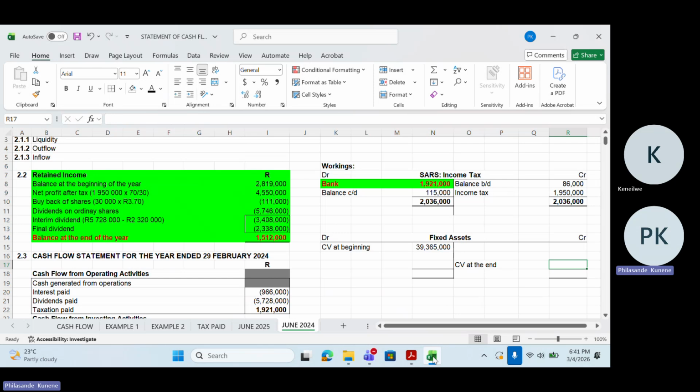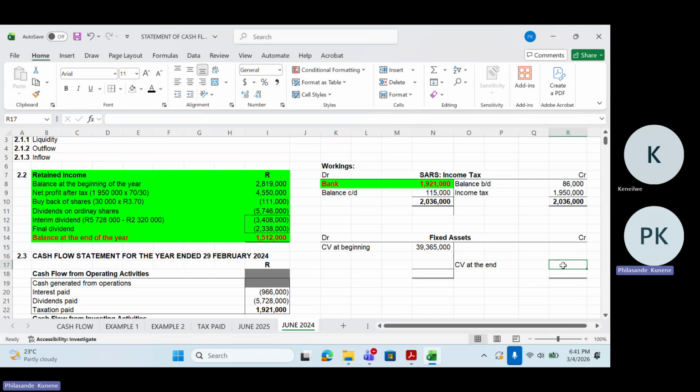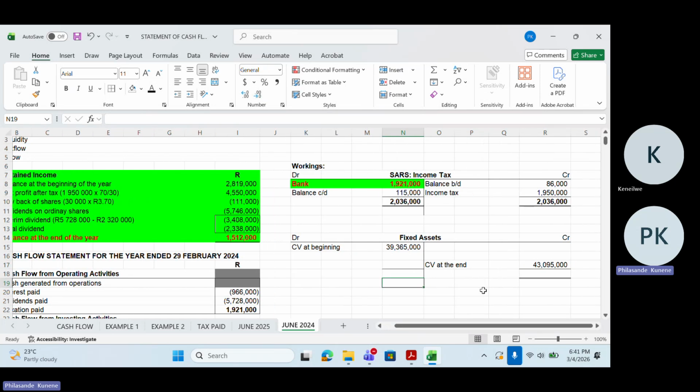How much will be the carrying value at the end? That is 43,095,000 rand. So what is this? This is the carrying value at the end.